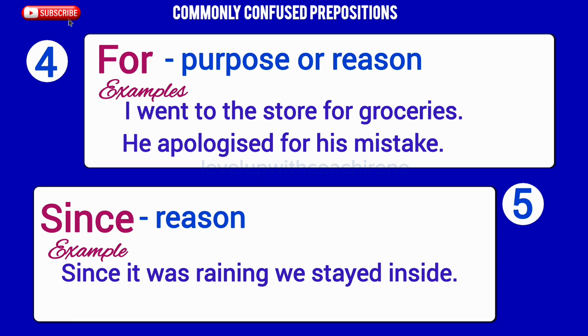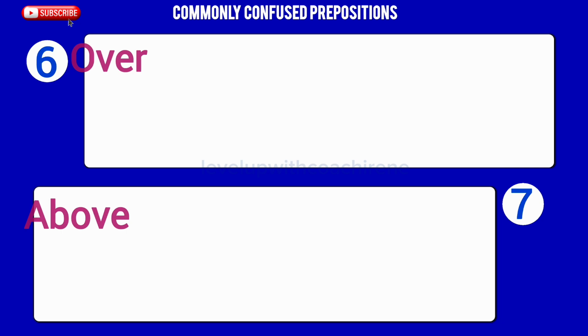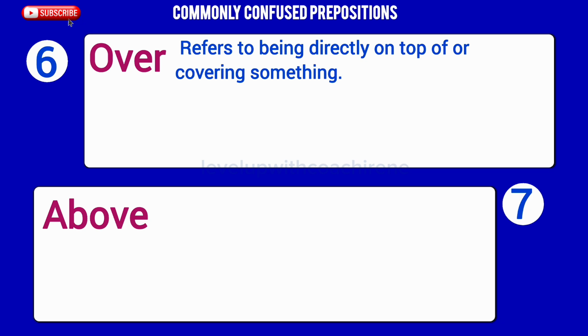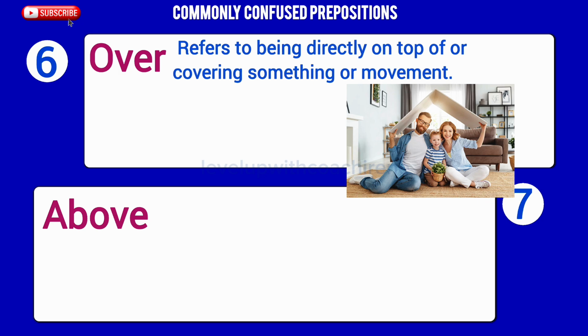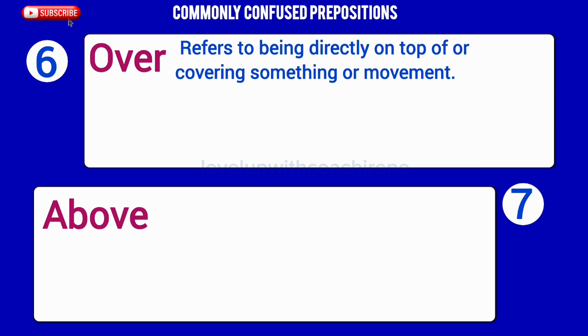Let us look at another pair, over and above. The prepositions over and above both refer to position. However, they are used in slightly different ways depending on the context. Over refers to being directly on top of or covering something and can sometimes imply movement or extent.